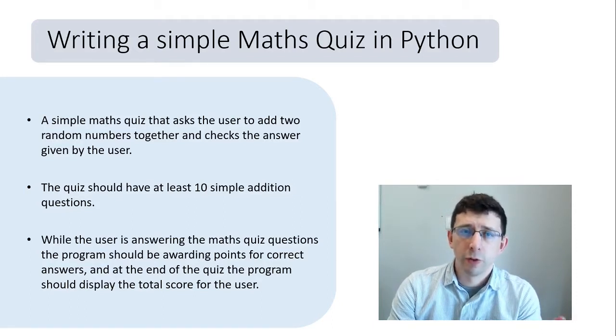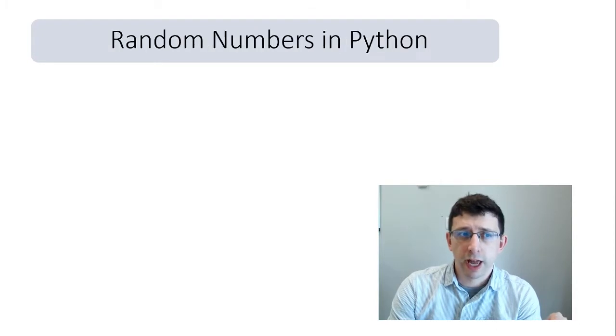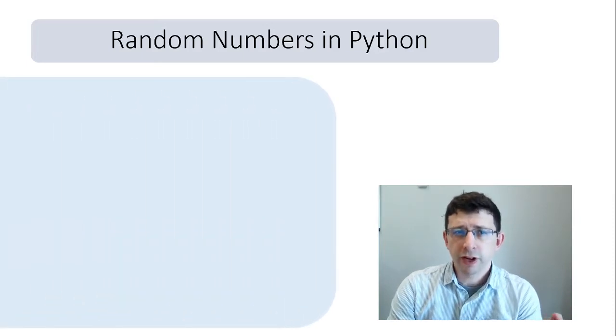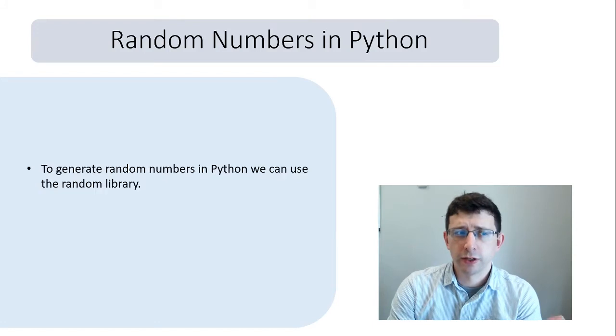So before we go on and plan this program, what I would like to do is first have a look at how Python can be used to generate some random numbers. To generate random numbers, we can use a library in Python called the random library.